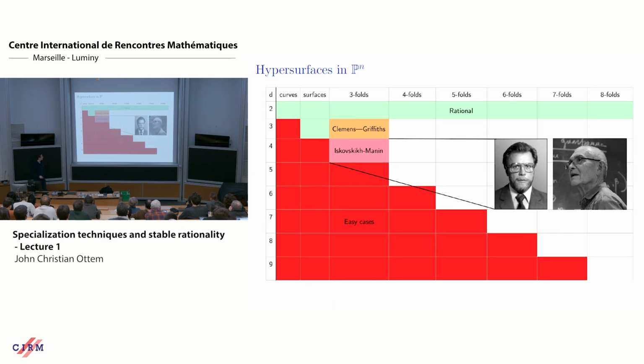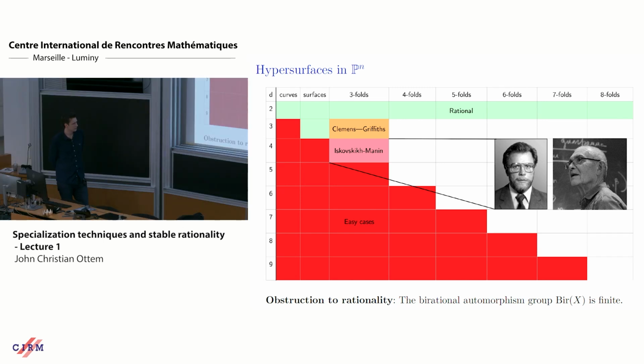There's also the classic work of Iskovskikh and Manin, who considered the quartic threefolds. Here the birational automorphism group is the invariant, and they prove that if you have a quartic threefold, this group is finite.